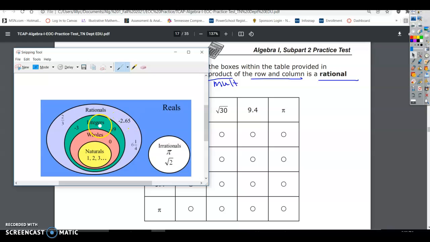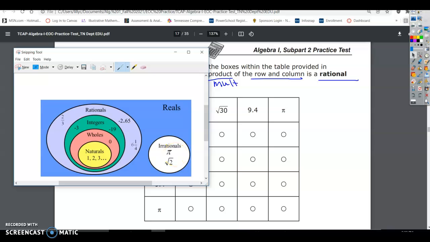A rational number includes natural numbers, whole numbers, integers, and fractions, decimals that are terminating or repeating. So all of these are considered rational numbers. An irrational number is a number that is a non-repeating decimal.